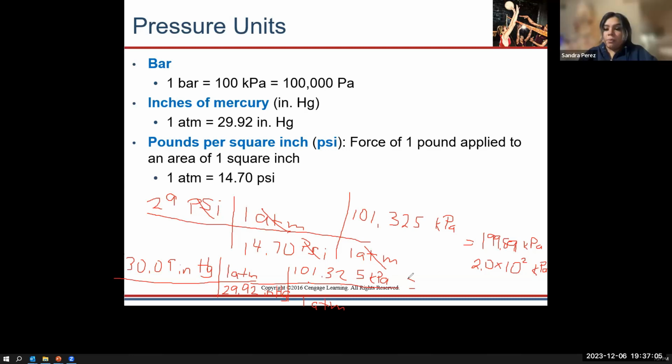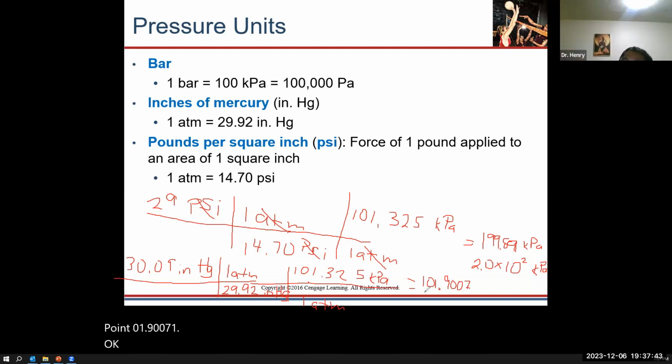So it's going to be 101.90071. Okay, so we have 4 sig figs.